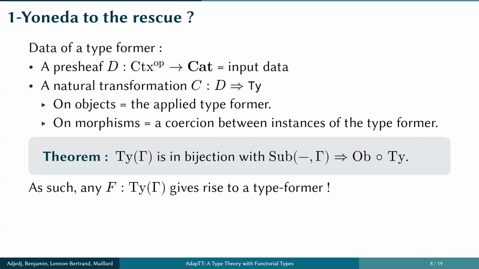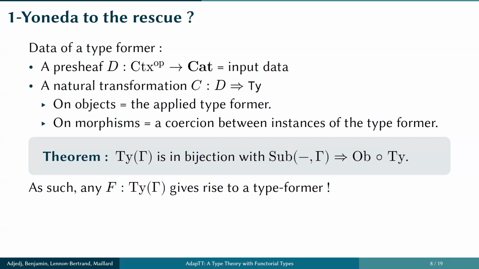To do that, we have a very nice theorem that at first again looks very useful for us. The Yoneda lemma gives us that Type of Gamma will be in bijection with the natural transformations from Yoneda of Gamma to the object of a given type. Which means that in particular, Yoneda of Gamma is a presheaf, the kind of presheaf that we want, and it gives rise to a natural transformation.